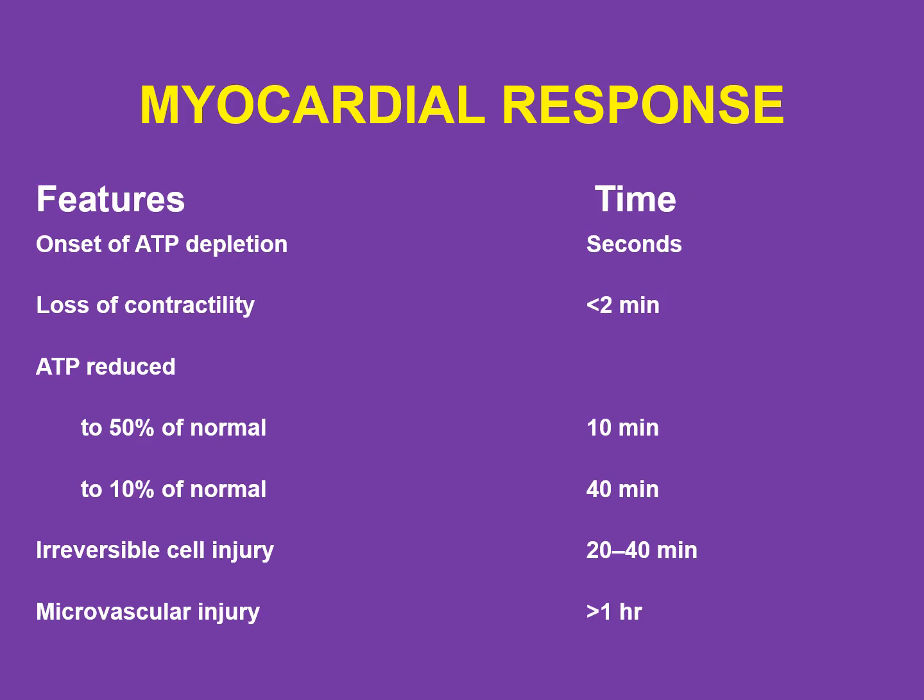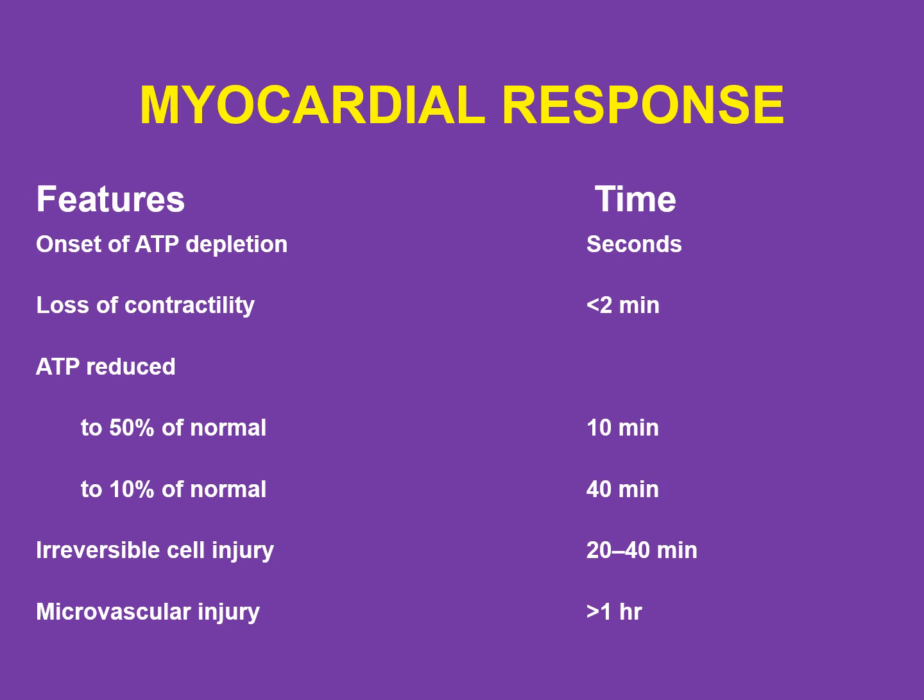So a very favorite question is the myocardial response. At the histologic level, there is an onset of ATP depletion a few seconds after the blockage of the area of ischemia. And a continuous blockage of more than 2 minutes would result in the loss of contractility.